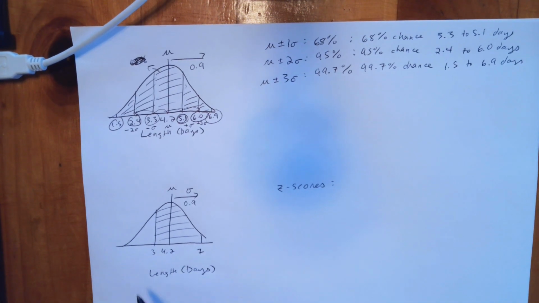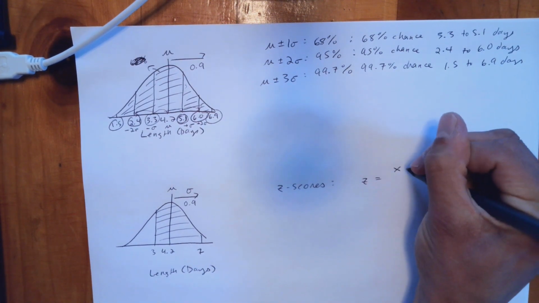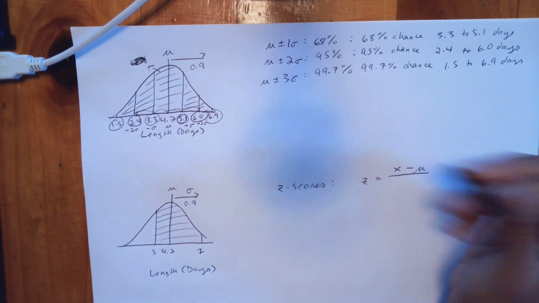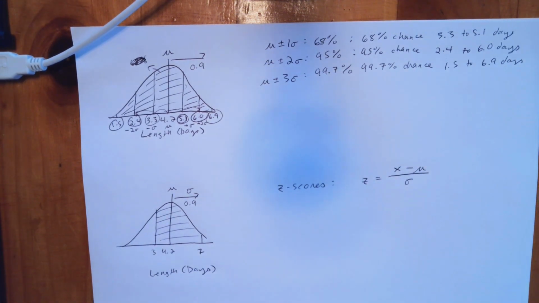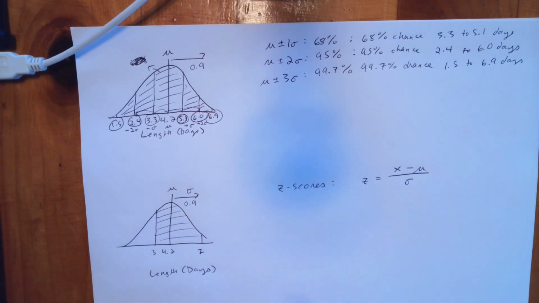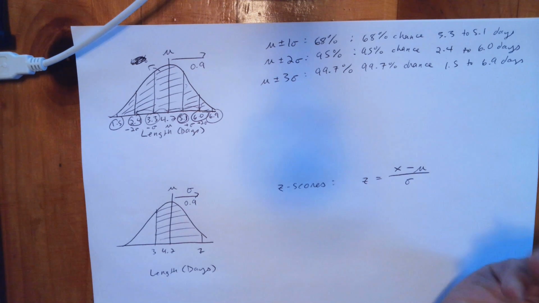So we can find z-scores for our values of 3 and 7 using the z-score equation, where z is equal to x, or some value of interest, minus mu, or the mean, divided by the standard deviation. And so in this case, we can find z-scores for 3 and 7 by plugging in these values for each one.